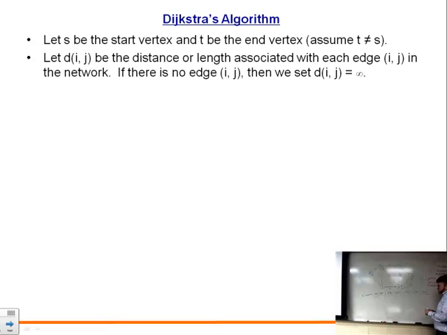E gets label 0 and a blank. This corresponds to the D attribute and the pi attribute in breadth first search. The D means distance from the source. Pi means predecessor on a path of that distance.